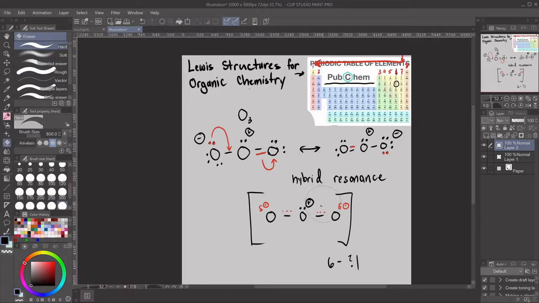Something else that you'll note is that a lot of times in our hybrid resonance structures, we will not draw in our electrons. The reason for that is because we don't know what electrons are participating in this partial bond. We can't have a partial electron. We can't have half an electron on our oxygen, half an electron in our double bond.